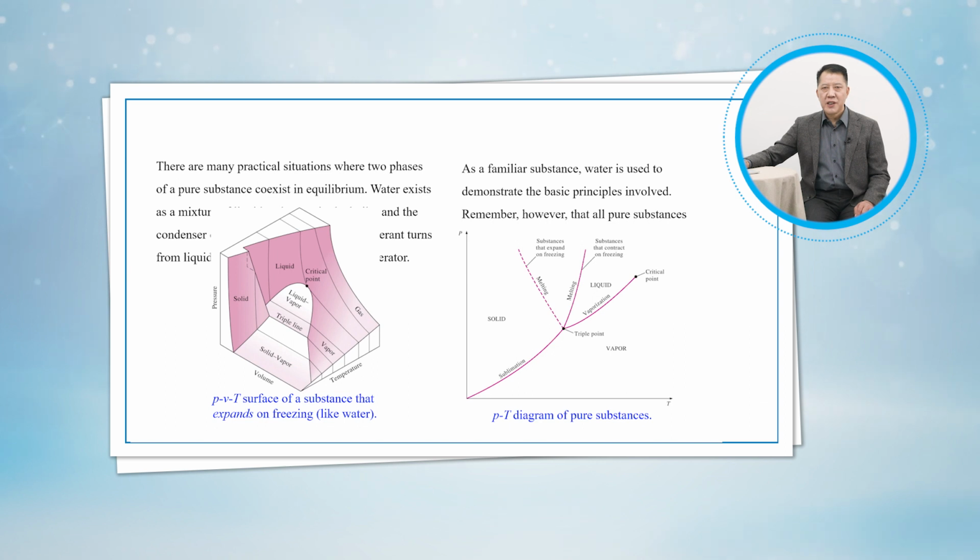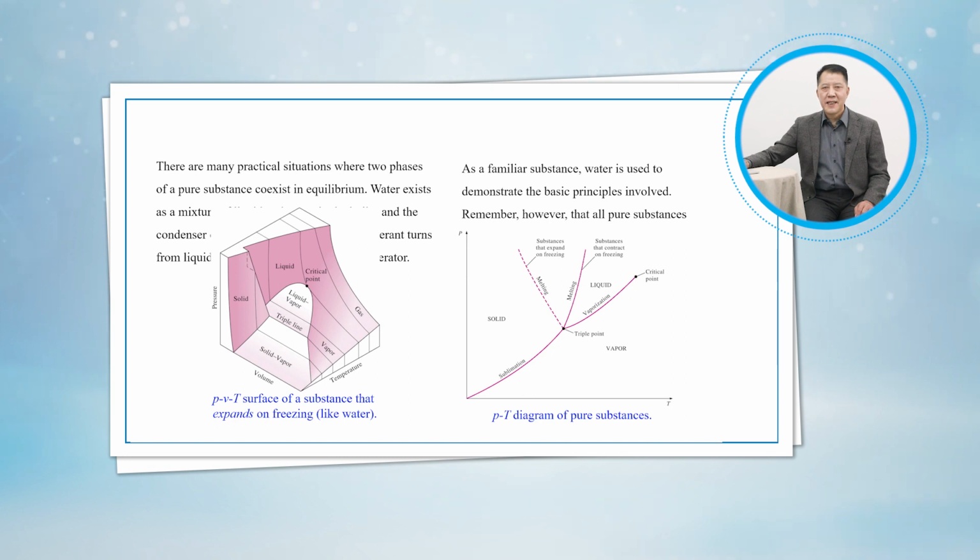The sublimation line separates the solid and vapor regions. The vaporization line separates the liquid and vapor regions, and the melting line separates the solid and liquid regions.